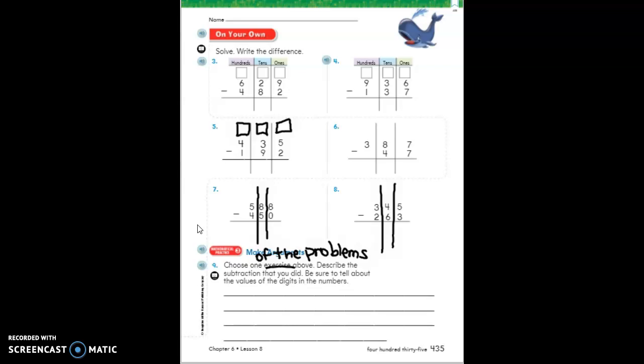So you need to go through each step and tell me or your teacher what you did. So you pick a problem. So you could write number 3, first I subtracted in the ones place. It said be sure to tell about the values of the digits in the numbers. So in the ones place was 9 minus 2. So I got 7. So the value of the ones is 7, and go on from there.